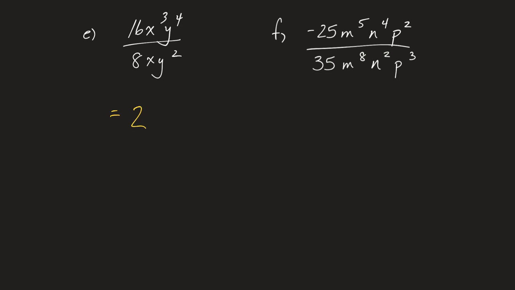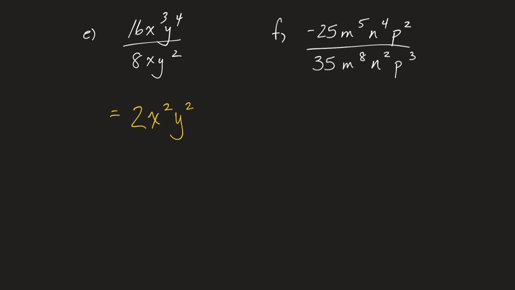I have 3 x's on top, I got 1 x on the bottom. That means I have 2 extra x's on top. I've got 4 y's on the top, and I've got 2 y's on the bottom, so I have an extra y squared on top. And there we go. We could have got there by simplifying the fraction, or we could have got there using laws of exponents. I'm hoping you can see why I would call question E on the easier side of middle.